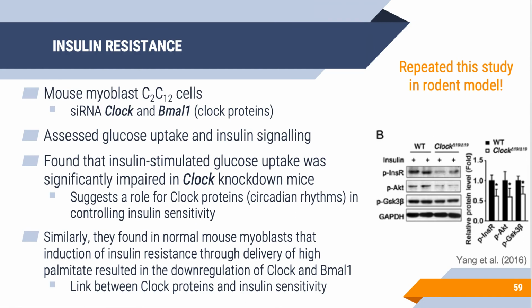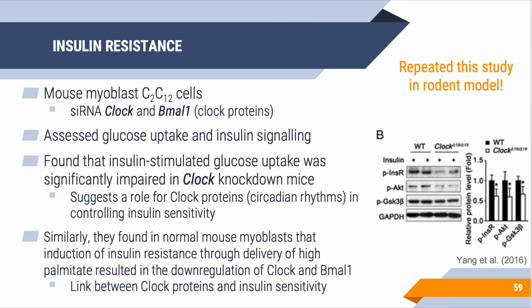So now, one of the last things I want to talk about is the idea of circadian rhythms and insulin resistance. So this study actually took muscle cells from mice, so C2C12 myoblasts, and what they did was they silenced or knocked down clock proteins, CLOCK and BMAL1.